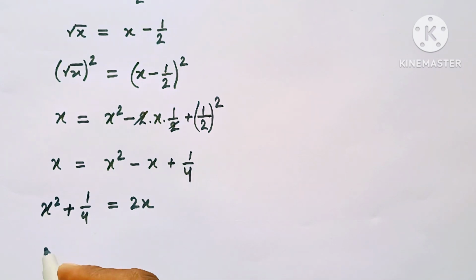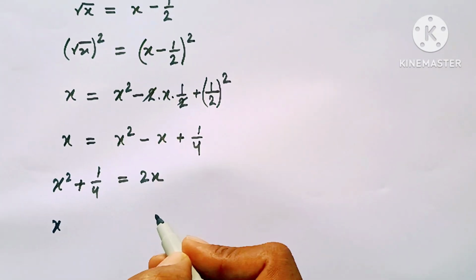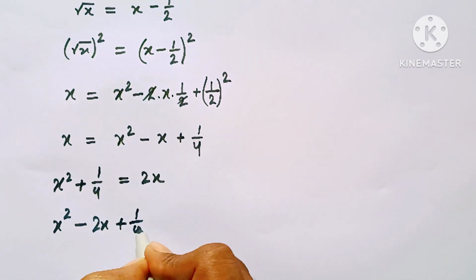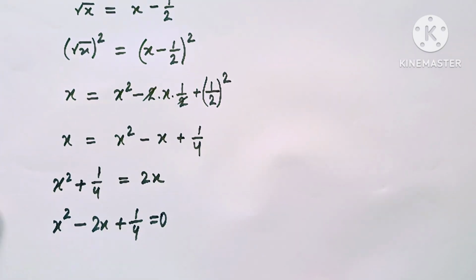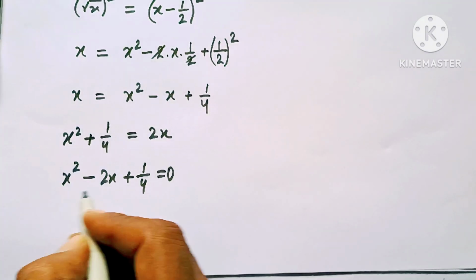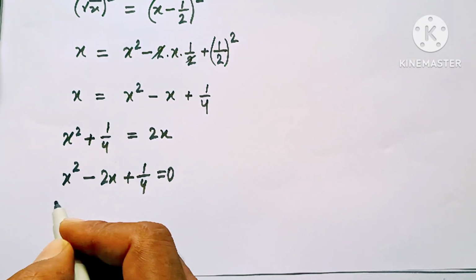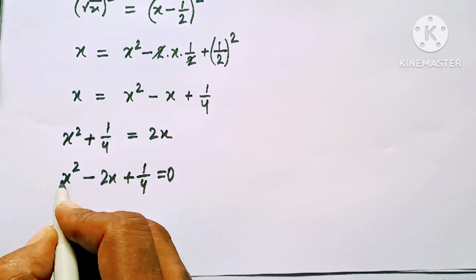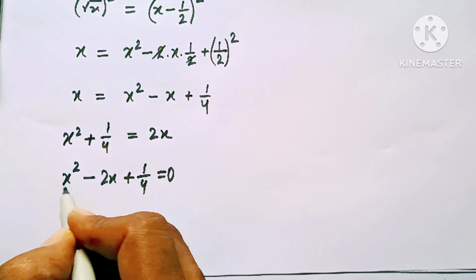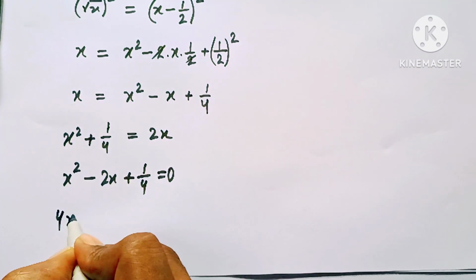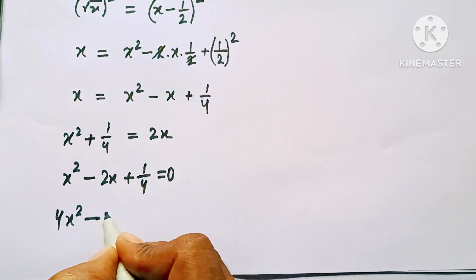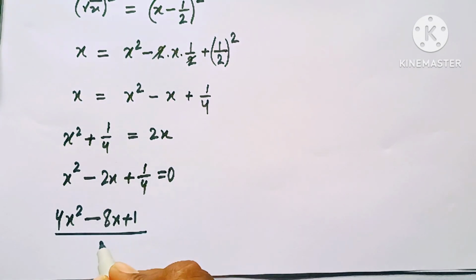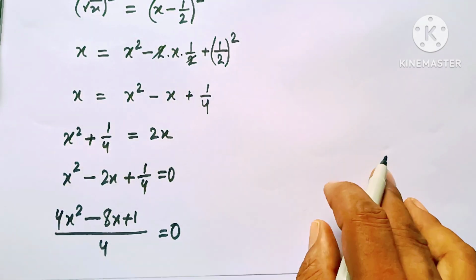Now I can do one thing: x square minus 2x plus 1 by 4 equal to 0. In the end we are going to calculate the values of x by using the quadratic equation. So here I have 4x square minus 8x plus 1 divided by 4 is equal to 0.